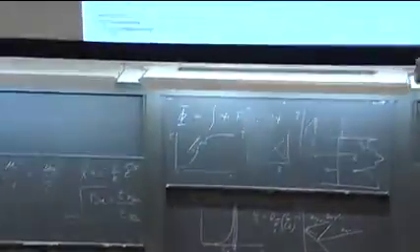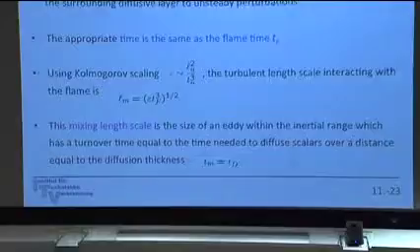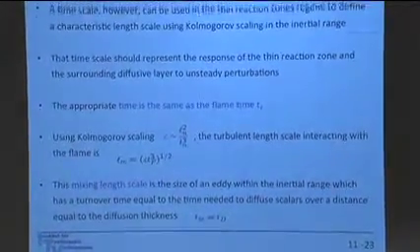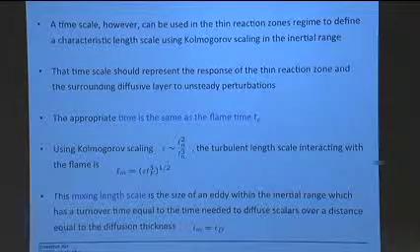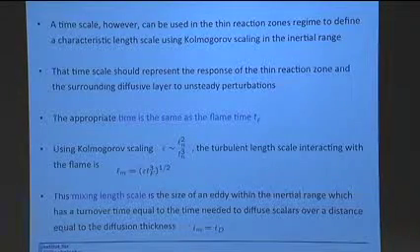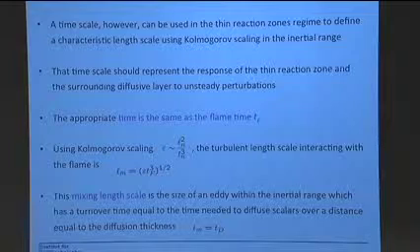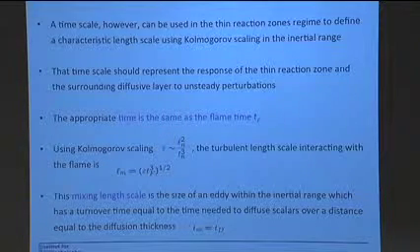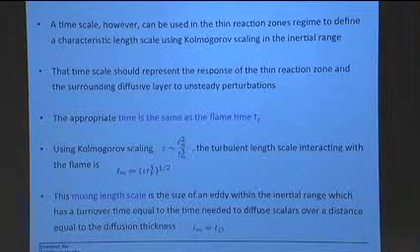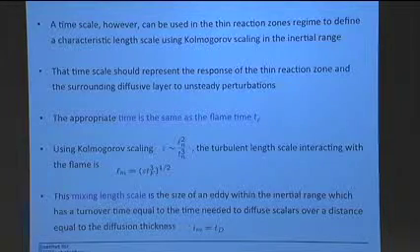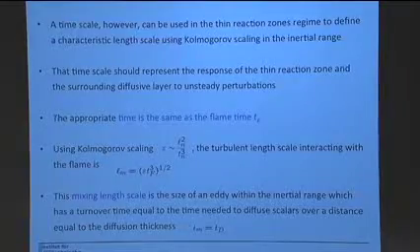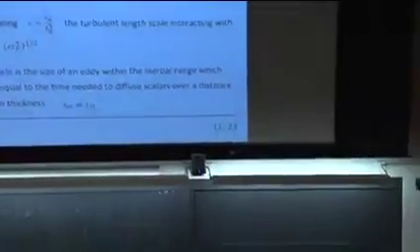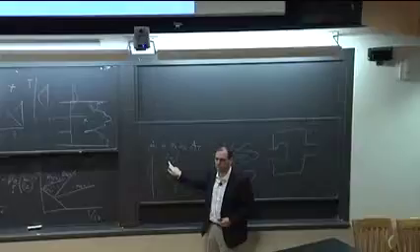There are some scaling arguments that give you that thickness, because you have a whole spectrum of eddies now. You have the Kolmogorov scale, and you have larger scale, and you have very large scale. The Kolmogorov scale causes some mixing in the preheat zone.